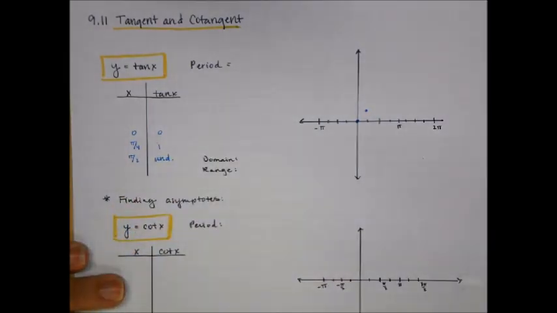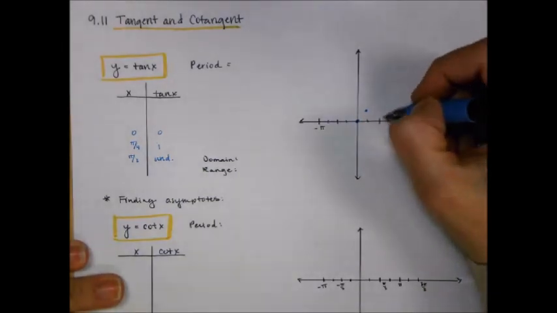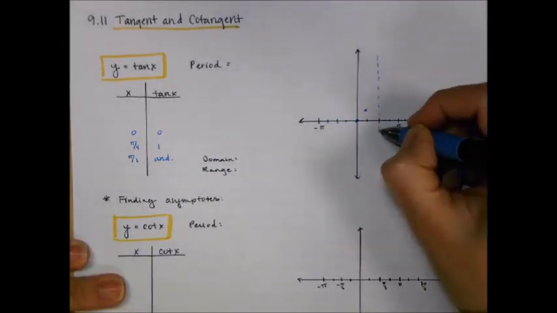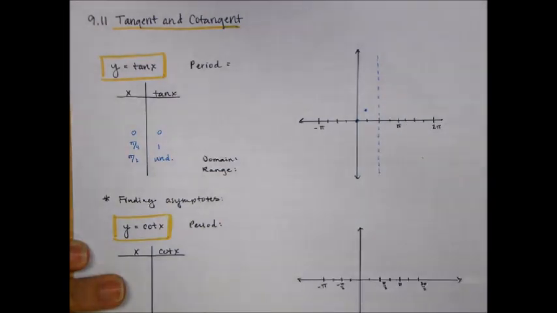So just the same way we did with secant and cosecant, we're going to draw a vertical asymptote here at pi over 2. Now, when we draw a period of tangent or cotangent, we want to draw between a pair of asymptotes.